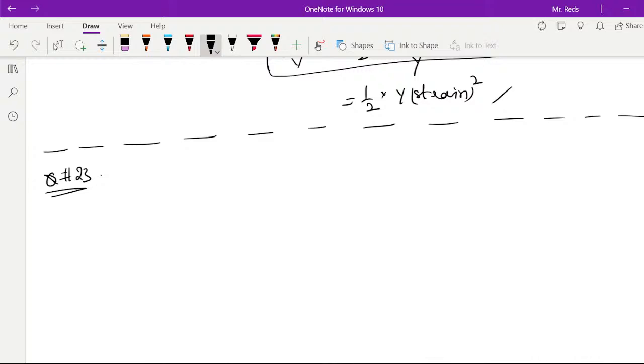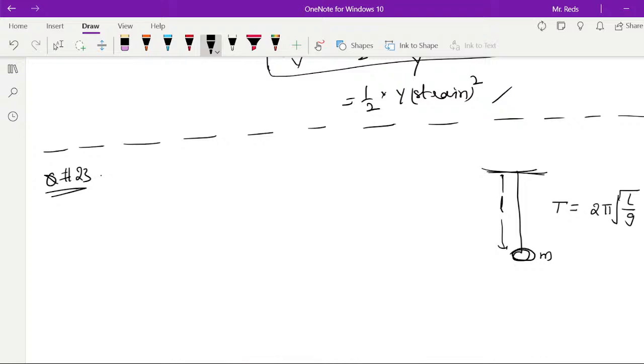In terms of a simple pendulum, if you have a bob of mass m, and its effective length is l, then its time period is 2 pi into root l by g.